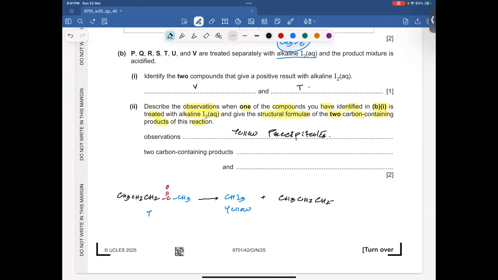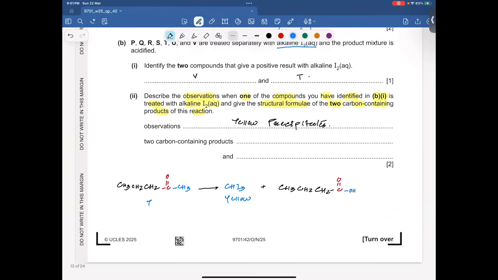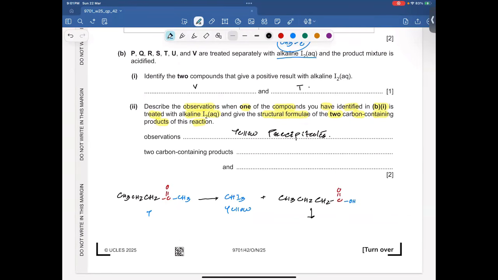That carbonyl group will remain as it is, and I'm going to put OH here. Since the medium is alkaline, there will be an acid-base reaction, and as a result you will get a salt.